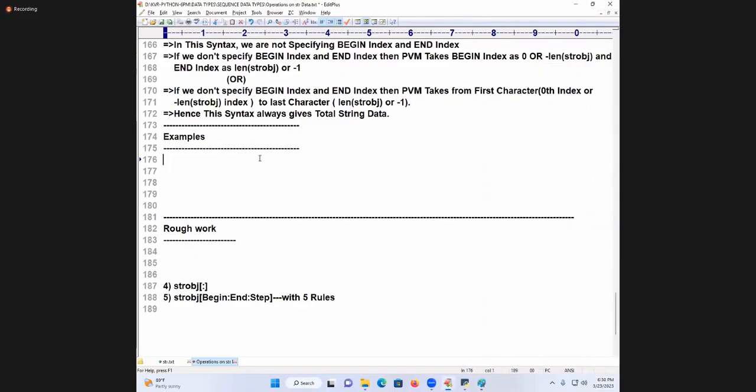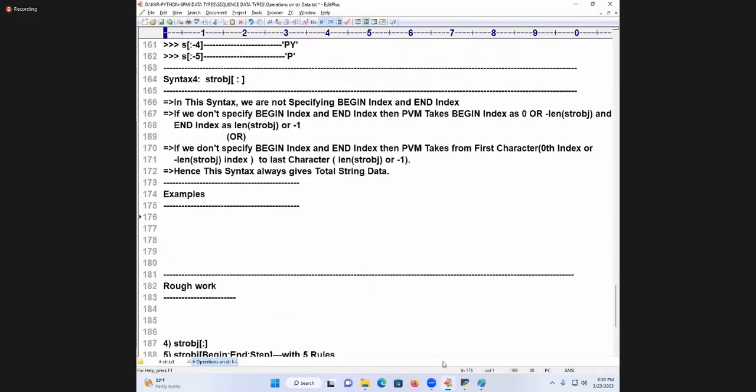Now coming to the example part here. If I allow any person at any time, you may feel that is a good thing. You will feel that sir is good. But that sir is not at all good. And whoever puts some restrictions in the class while explaining the deep subject, they are good.